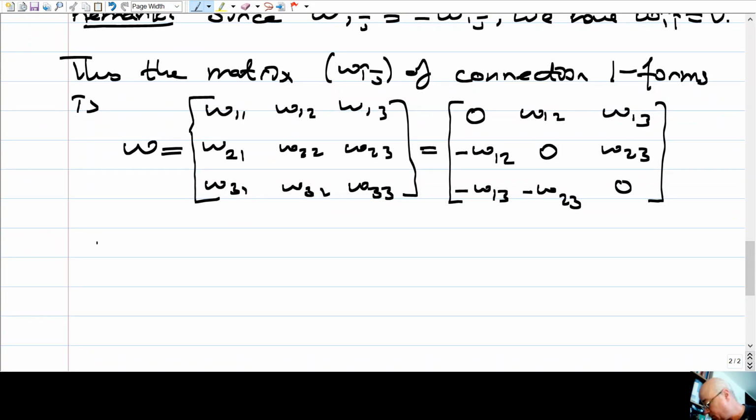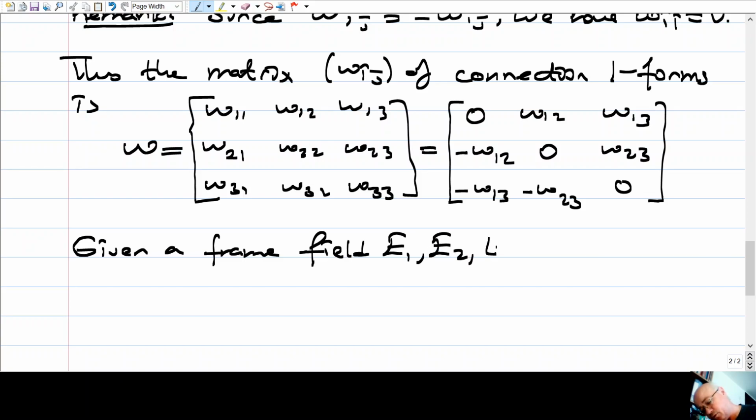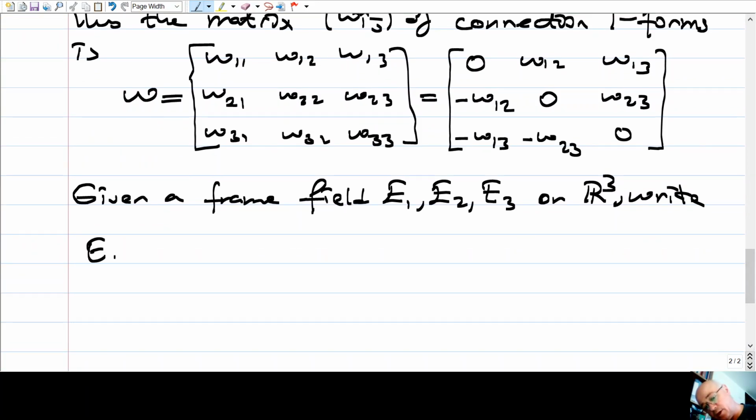Now we start again with our frame field. Given a frame field E1, E2, E3 on R3, write Ei in terms of the standard frame field of R3.